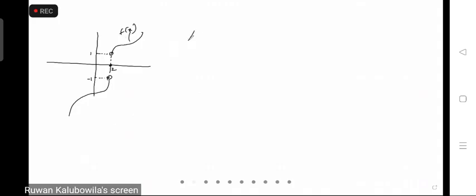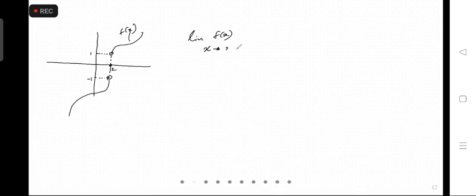So I am asking you the limit of f(x) as x approaches 2. What is the value? By looking at the graph, can you explain? Or do you have trouble doing that? Then explain.